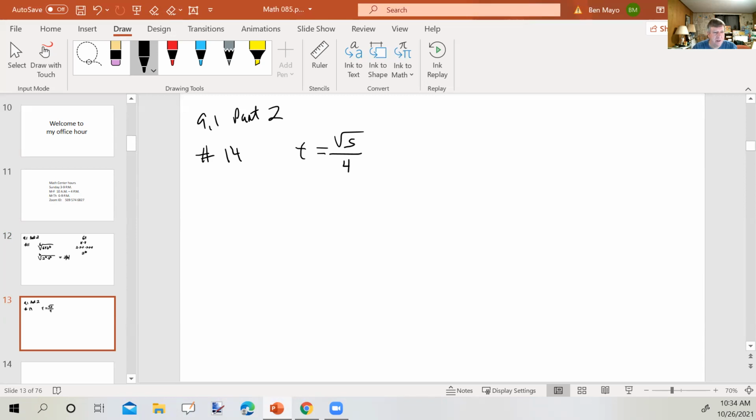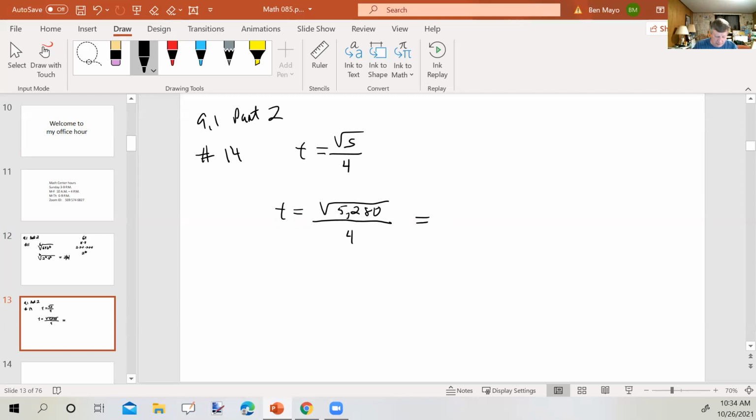Okay, let's see here. Let me read this statement one more time. The time t in seconds that it takes for an object to fall a distance of s feet. So s is in feet, and we're looking at 1 mile or 5,280 feet. So t equals the square root of 5,280, all of that divided by 4.